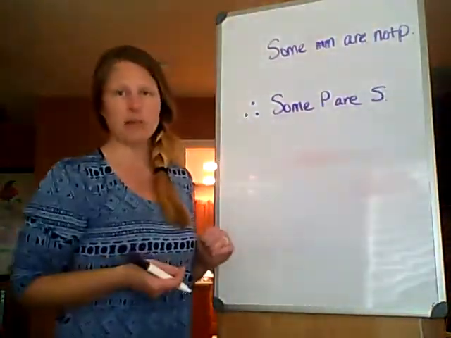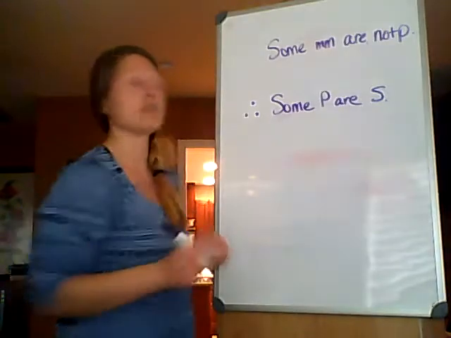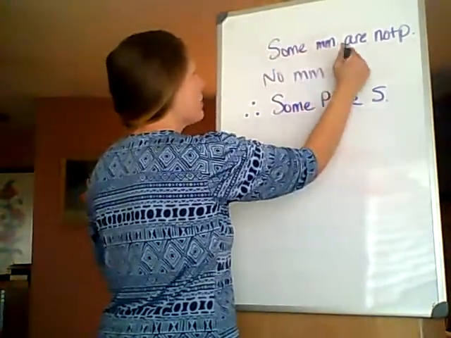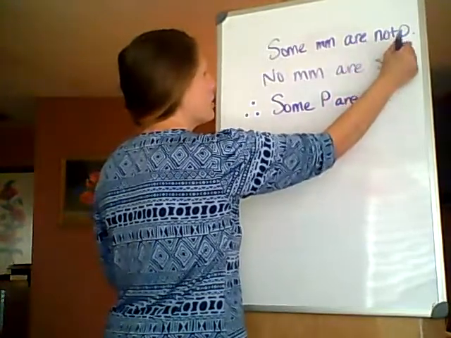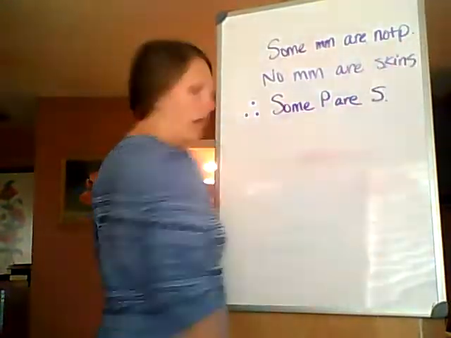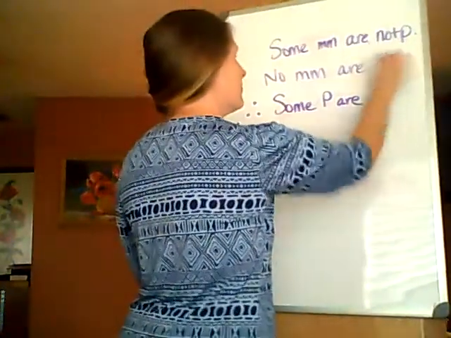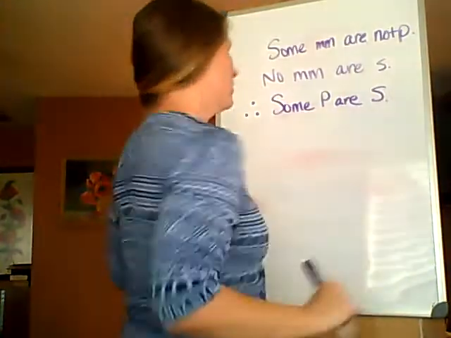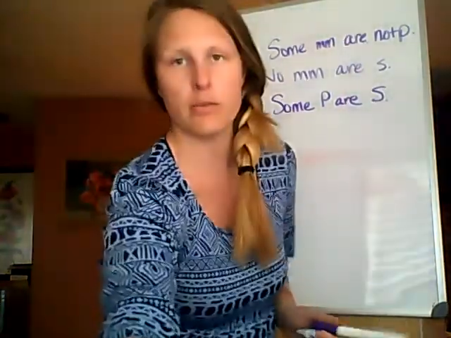And then my second premise says that no modern maps are skins. Why did I decide that I was just going to write out skins? Okay. Boom. All right, so here's my abbreviated form of my arguments.